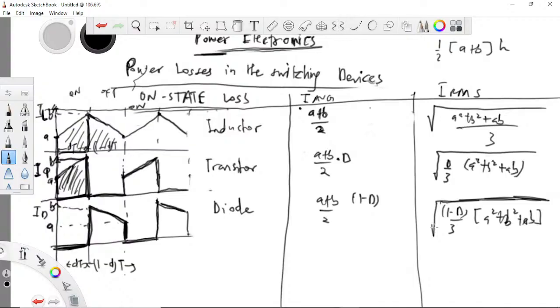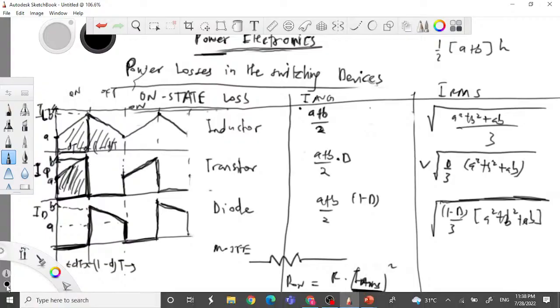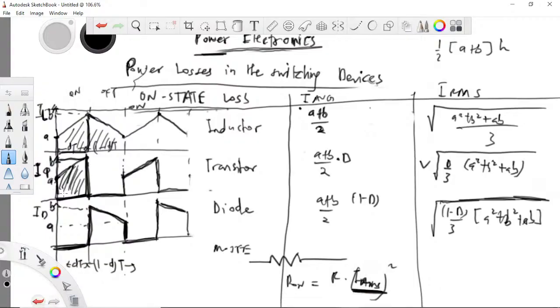For a MOSFET, it's modeled as a resistor, and the on-state loss in the MOSFET is given by R times I RMS squared. So once you have the A and B, you can find the RMS value of the current. That's how we use this table together with the first table that we drew.